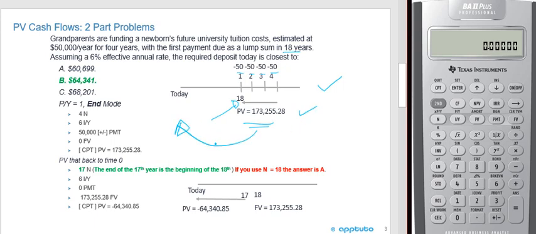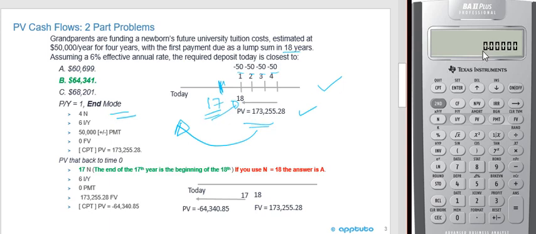There's a really key issue here, and it's regarding which mode your calculator is in, the end mode or the beginning mode. You can solve this question both ways, but if you get your timings wrong, you're going to get the wrong answer. If I'm in the end mode, then the beginning of the 18th year is at the end of the 17th year.